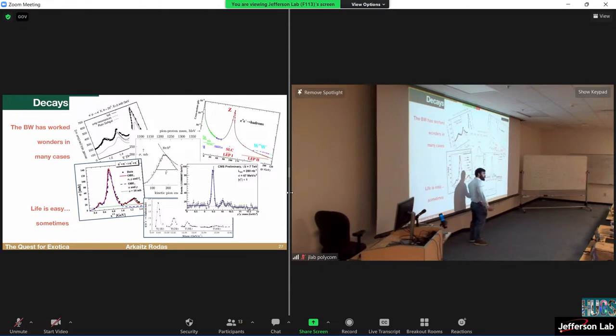You can tell them apart because they are narrow enough. In the invariant mass you see the first one, then some space, and then the second one. They don't show up on top of each other.